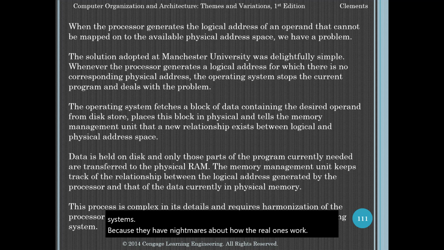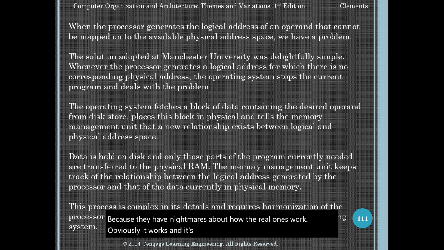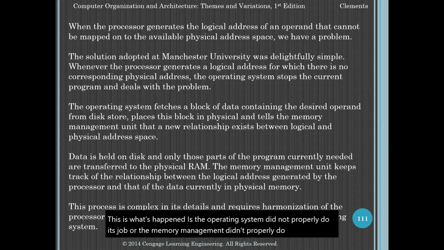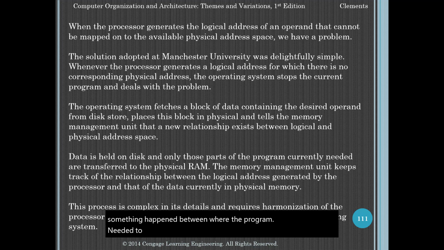Now, obviously, it works, and it's worked great for decades, and we don't have any better solutions right now of making this work. So the next time your operating system has some kind of fault related to virtual memory, page files, or something like that, this is what's happened: the operating system did not properly do its job, or the memory management didn't properly do its job, and something happened between where the program was trying to get its data and passing those addresses to the processor.